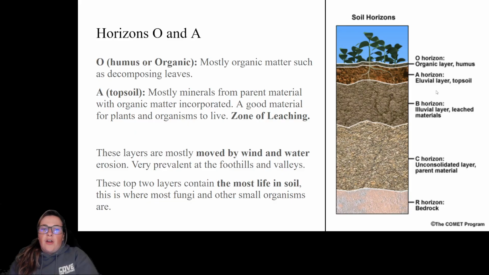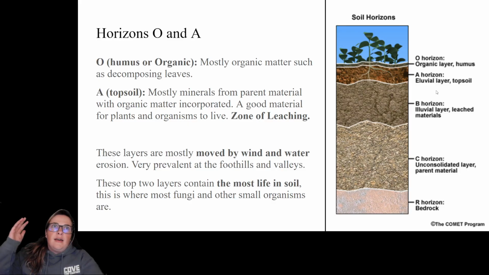These layers are mostly moved by wind and water erosion, so they're very prevalent at the foothills and valleys, right? As the mountainside erodes, that parent bedrock material that's exposed, all of those particles fall downhill through rain, glacier movement, storms, wind, and settle at the bottom of the foothills and the valleys.